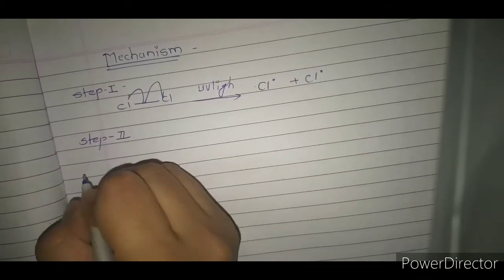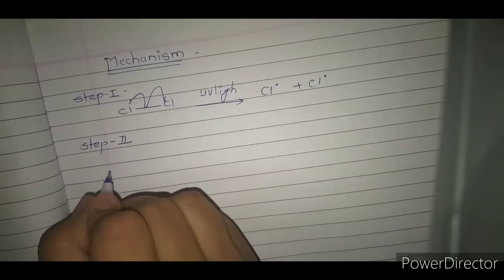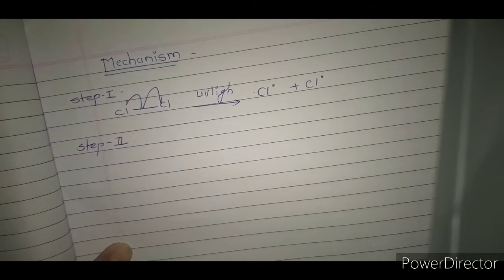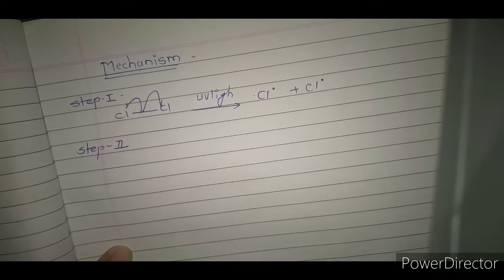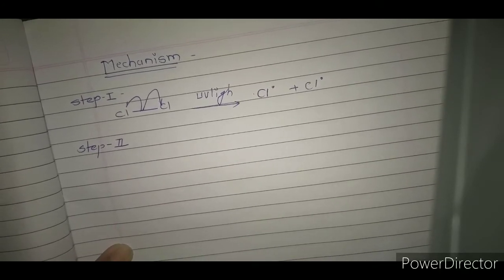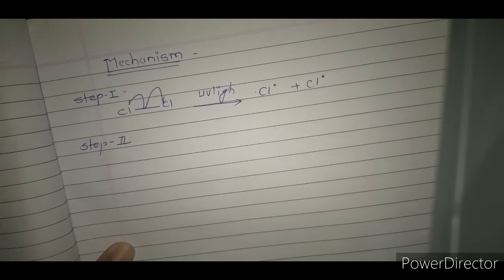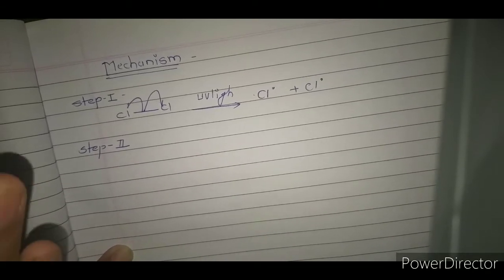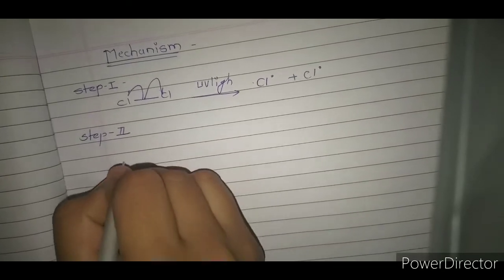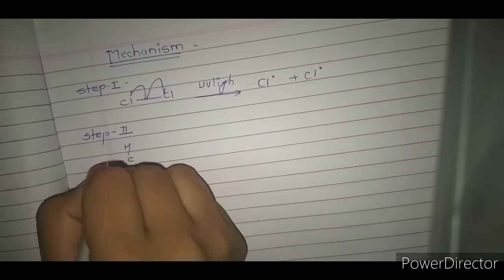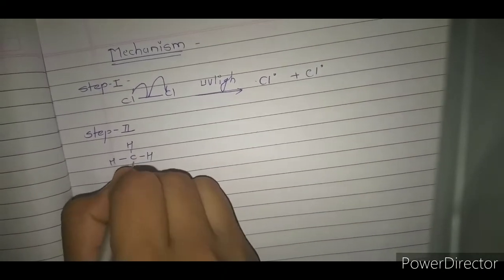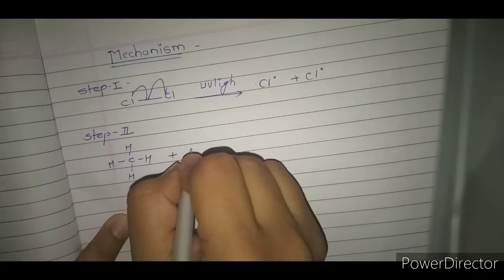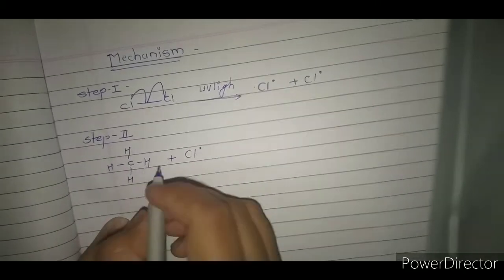Step second. In step second, the homolytic fission of CH bond of methane, means carbon hydrogen bond of methane is broken down by homolytic fission and form methyl free radical. Okay, so this is your methane, and this is your chlorine free radical.